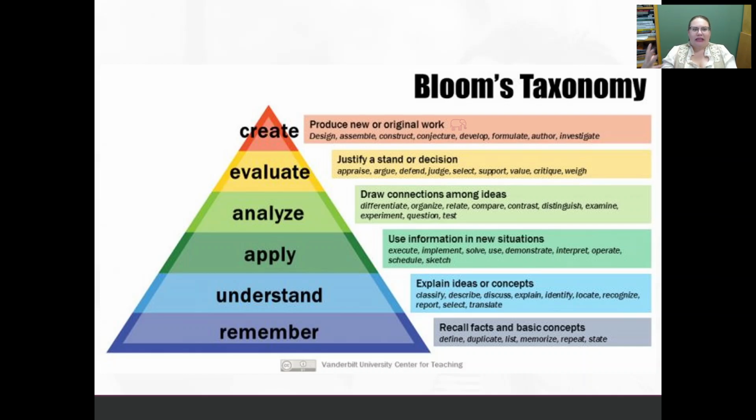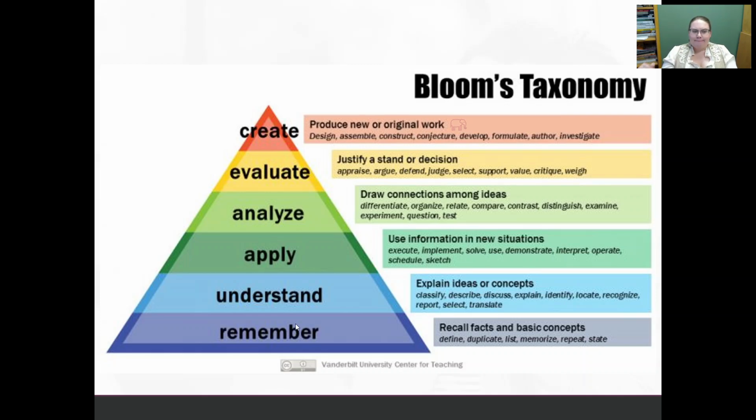When we're thinking about what questions are involved in tests, what questions are involved in assessments, or anything like that, we are really thinking about where it falls on this taxonomy or on the depth of knowledge, etc. So let's talk about those key terms or key verbs that are associated with each of these different levels. Again, remember, we always start at the bottom and we work towards the top.